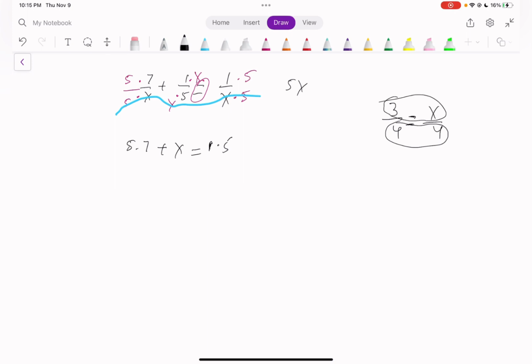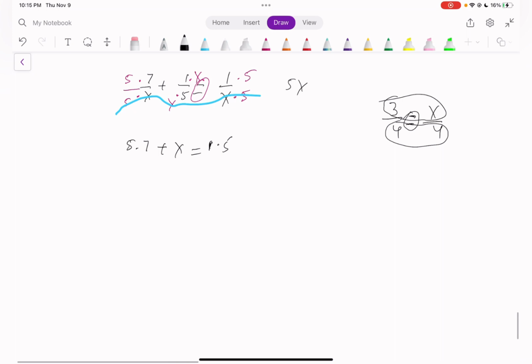Of course. If x is not 3, then this equal sign will not be valid, so x must be equal to 3. Okay? So that's why, if I have the same denominator across the equation, I can drop the denominator and work with the numerator only.